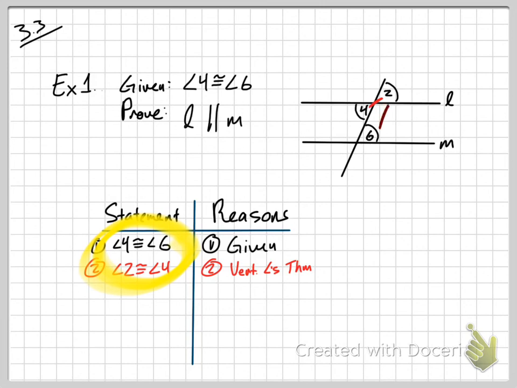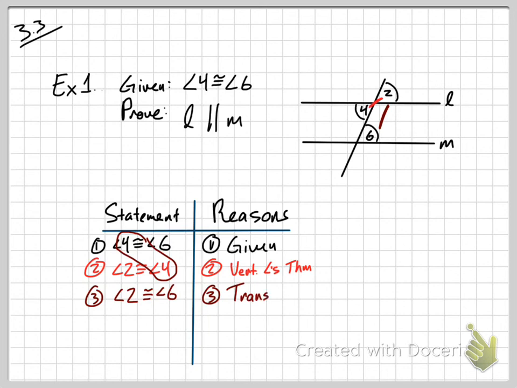Using that information, I noticed that 4 is being used twice. So I know that angle 2 is congruent to angle 6, and we're using the transitive property. I said substitution, but we're using transitive because that angle 4 is on different sides.